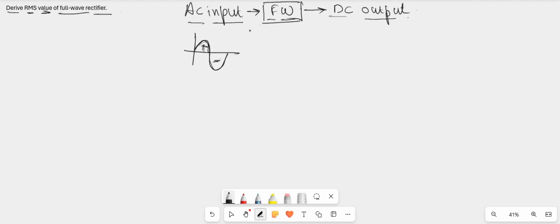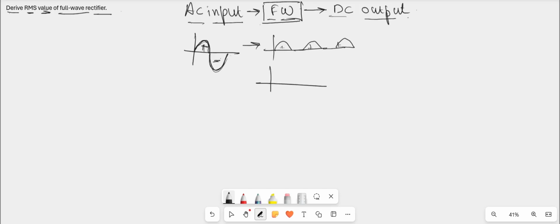But the full wave rectifier will rectify both the positive half cycle as well as the negative half cycle. So in the half wave rectifier, the output will be like this. This output is only for positive half cycles. But in the full wave rectifier, the output will be like this: this is for positive, this is for negative, this is for positive, this is for negative, like this. So this is the basic difference between the half wave and the full wave rectifier.